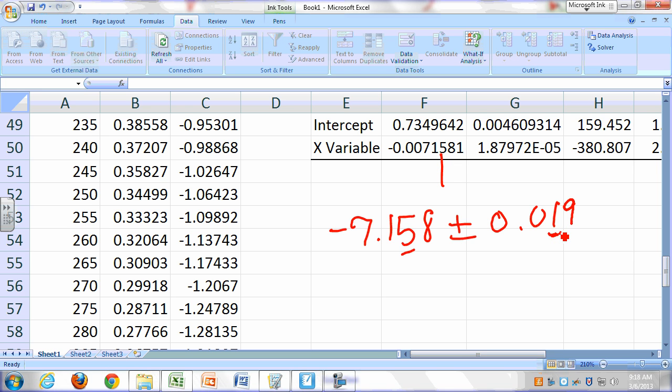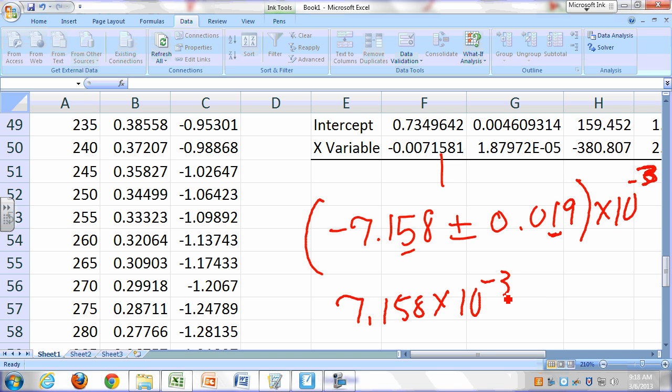My last sig fig is that digit right there, times 10 to the negative, not negative 5, negative 3. Okay. So it's 7.158 times 10 to the negative 3 per second is my rate constant.